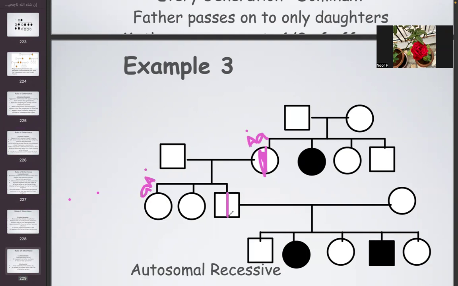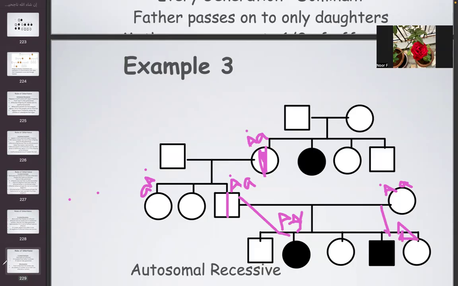Definitely this should be a carrier because there is an expressed gene here. And maybe this female is also a heterozygous carrier. So when these children will have Aa, Aa, and this will also have Aa.